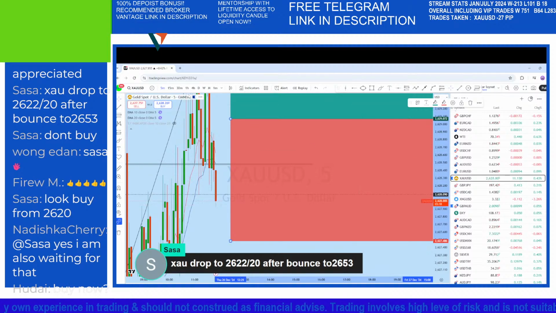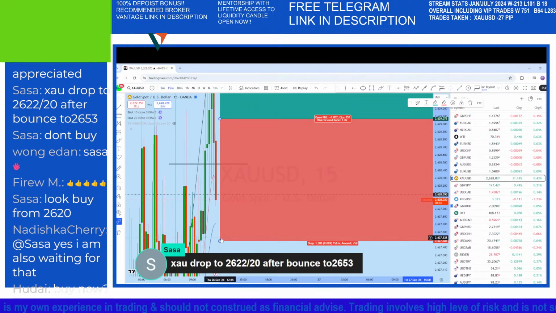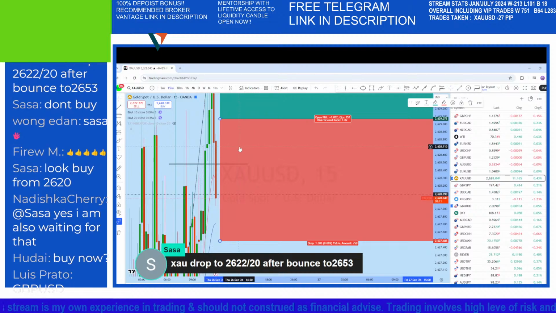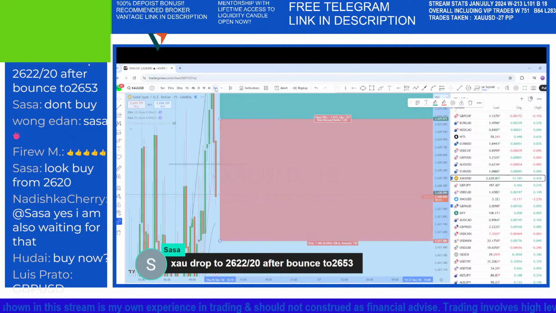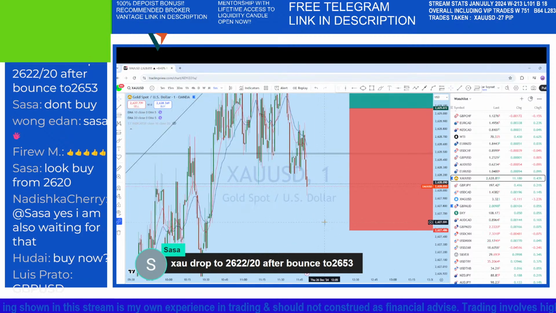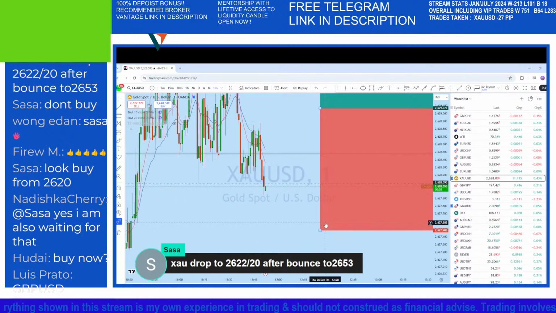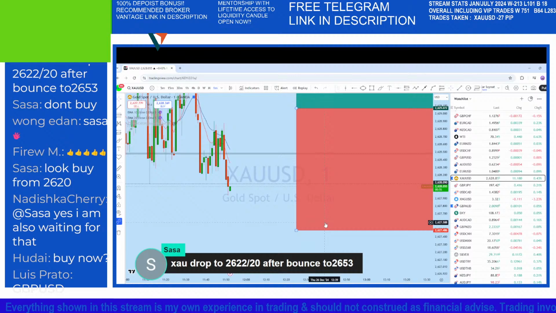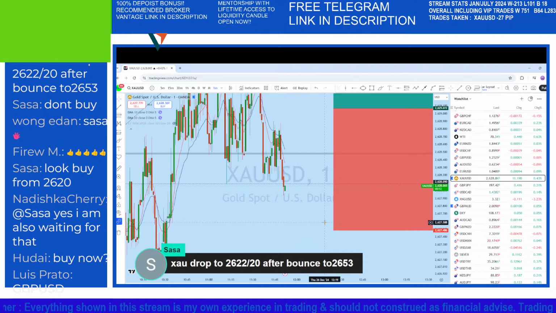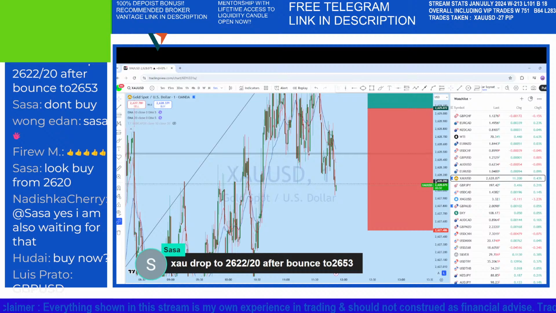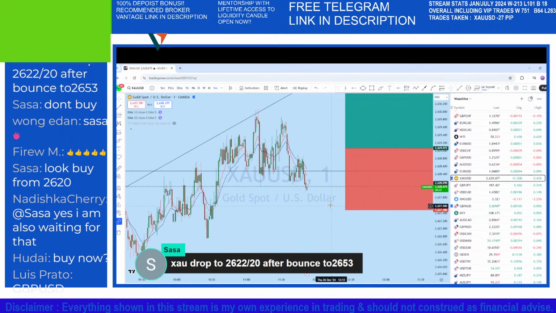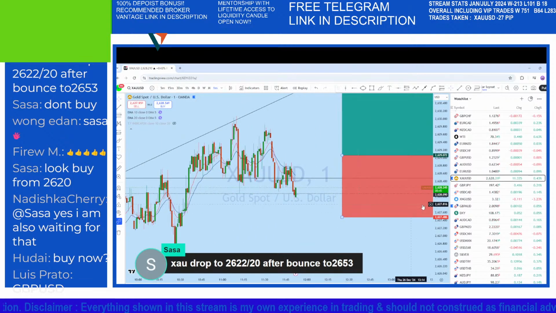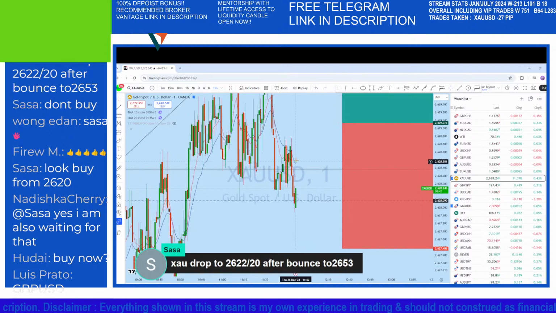So there is a break of structure. Now it's come to a level where the break of structure from here.